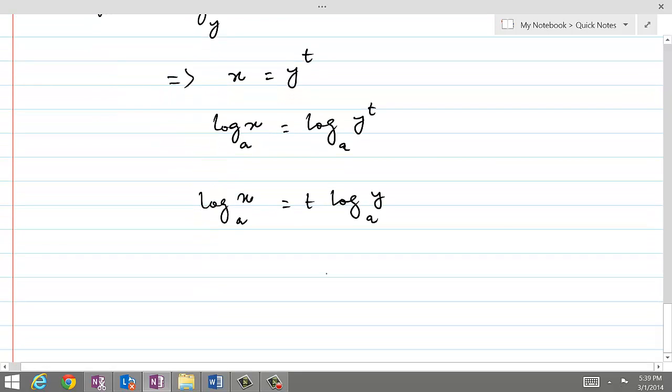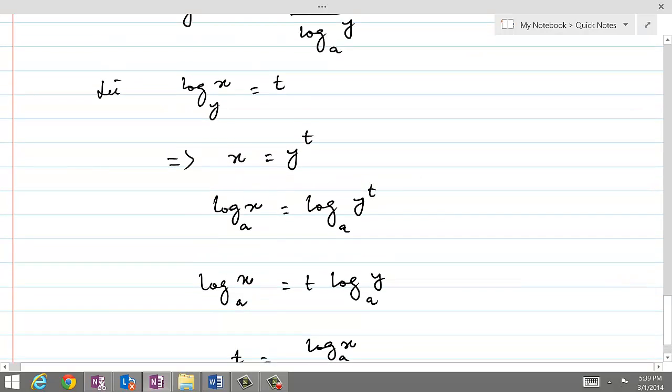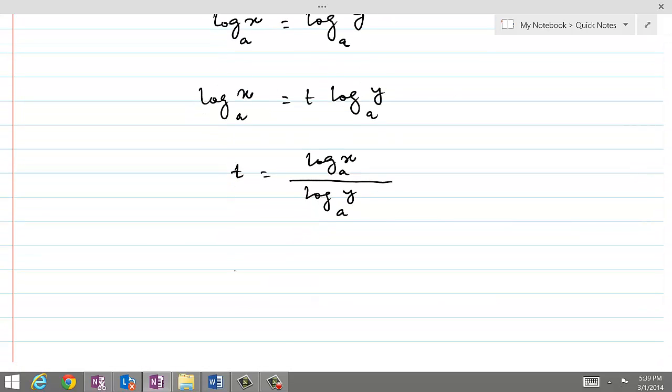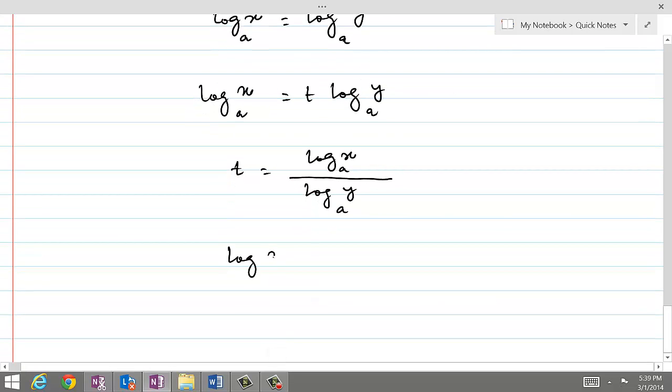If we find the value for t, the value for t would be equal to log of x base a divided by log of y base a, and we can put the value for t again, that was log of x base y. So log of x base y is equal to log of x base a divided by log of y base a.